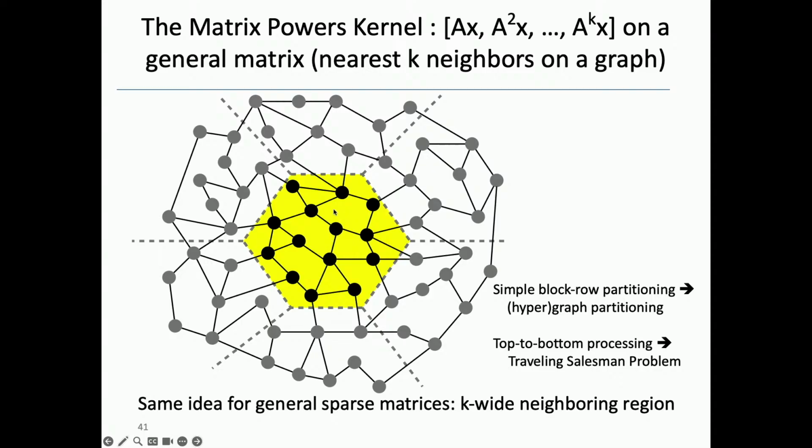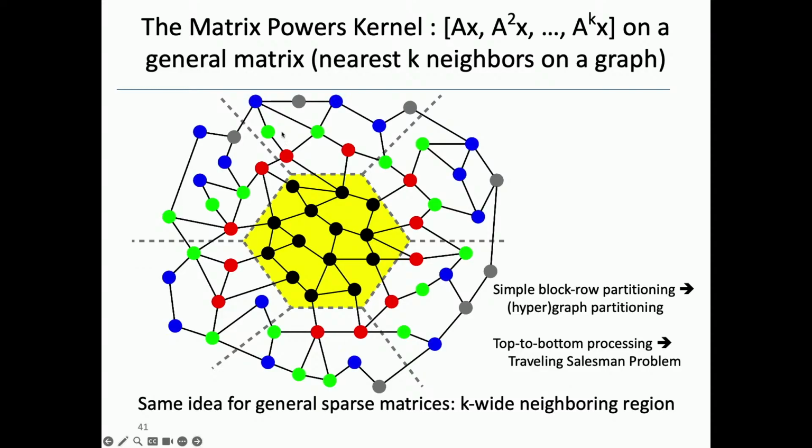So let's suppose one processor is responsible for computing all of the entries of x and Ax and A squared x and so forth that correspond to these particular rows. So what information does this processor need from its neighbors? Well, to compute A times x, you do one step of breadth first search. You go out to get your nearest neighbors. To compute A squared, you go out one more neighbor. And to compute A cubed, you go out one more neighbor.